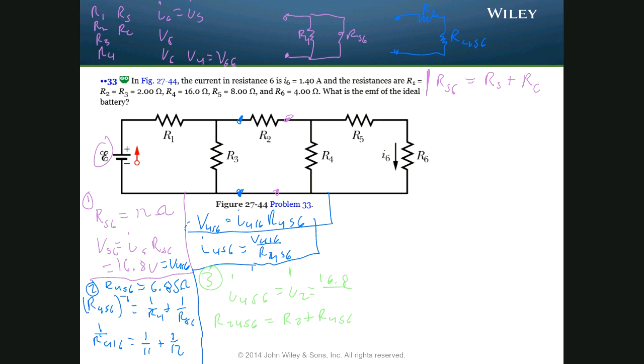I'm going to just trust you there. Too many numbers. 6.85. Right. That's the 6.85. That's what we got there. Sorry. No, I got you. So we want to do 16.8 divided by 6.85.